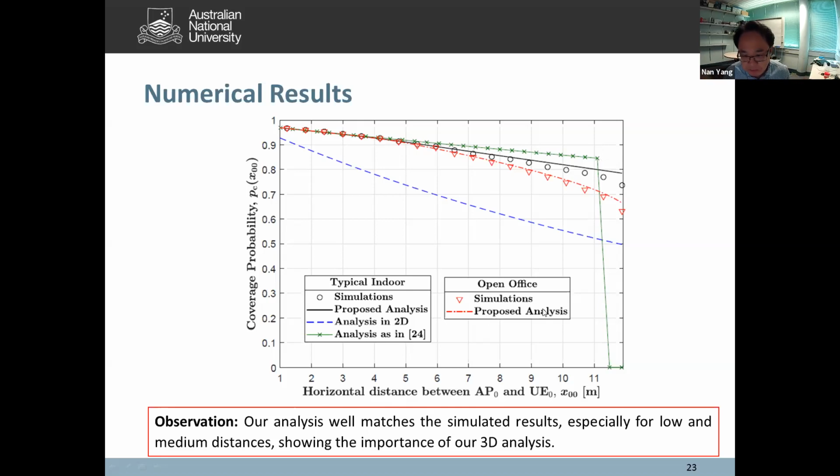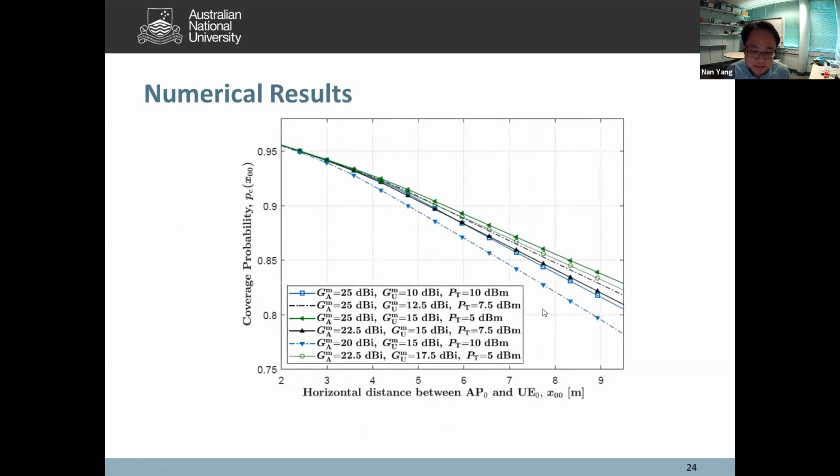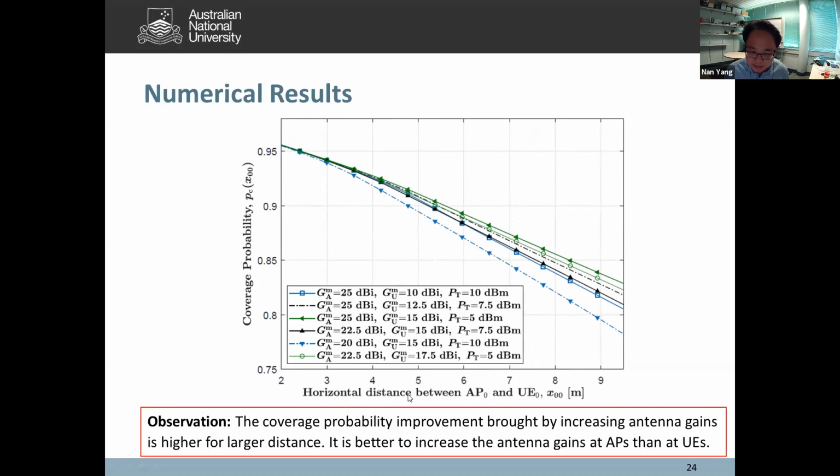coverage probability. Then we also consider another case, the coverage probability against the horizontal distance, but this plot is against different transmitted power and antenna gain at the AP and antenna gain at the user.